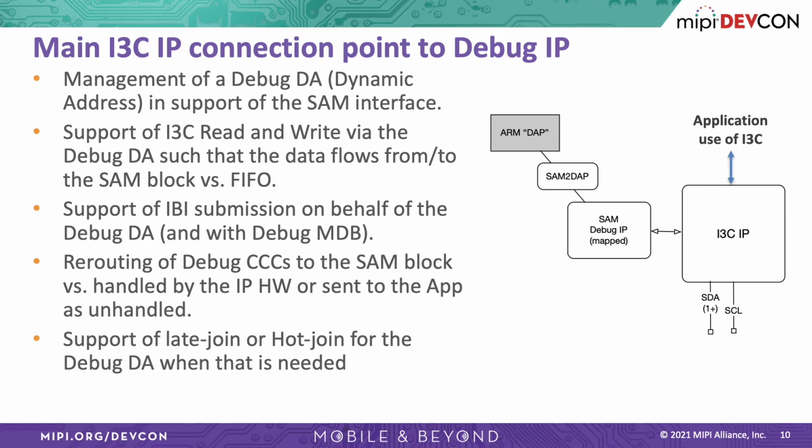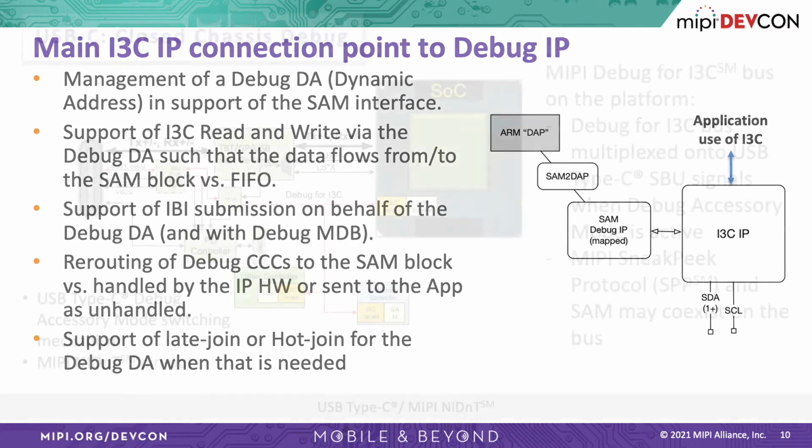As you can see in this drawing, the application is also using the I3C bus, and then the SAM is mapped, in this case, to an ARM DAP, but it could be to any other processor, proprietary, RISC-V, etc. The point of this is that the software on the controller and in the debugger map to the necessary debug capabilities of the target system that you're accessing, and so the scalability is built in. SAM or SneakPeek is simply providing the framework from which those messages can be created.